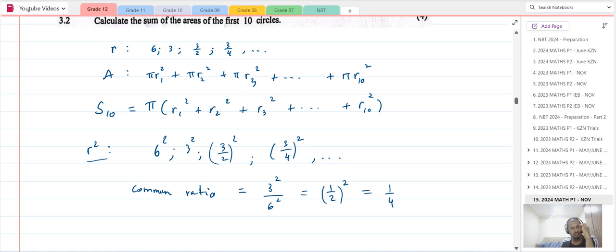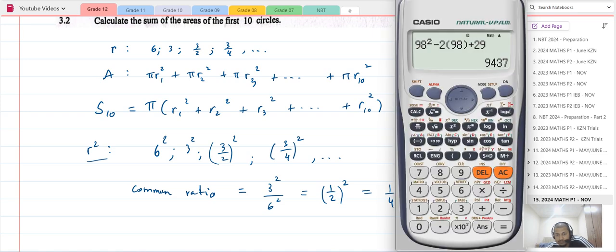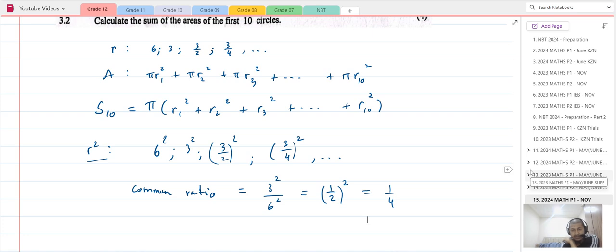Let's try the next common ratio: 3/4 divided by 3 over 2. Yes, so this here forms a geometric pattern.